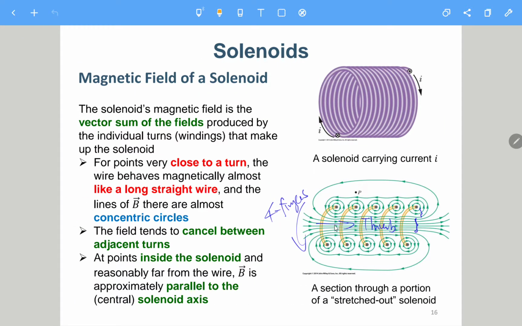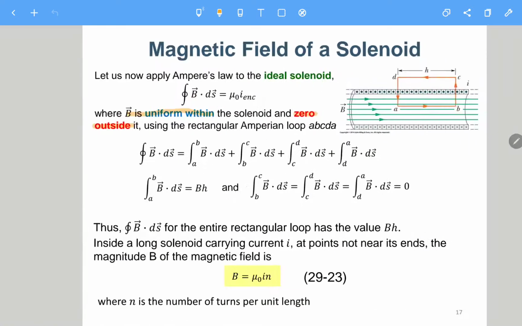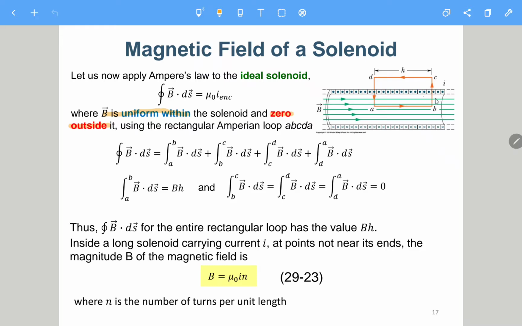We consider all the points inside the solenoid to be uniform, like this, and outside the solenoid, we don't have any B field. If we make these two assumptions, then we can come up with a very elegant expression. Of course, it is not accurate enough if you really consider the experiment, but at least it is good enough for an approximation.